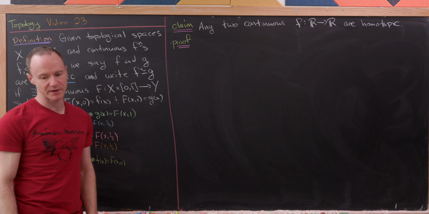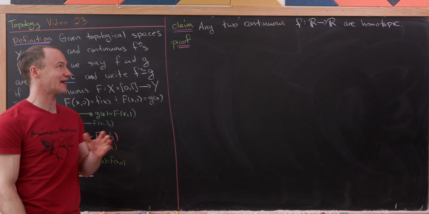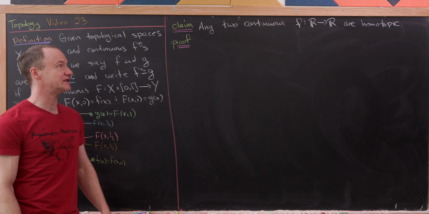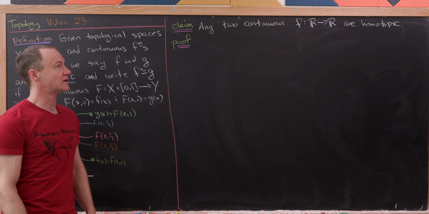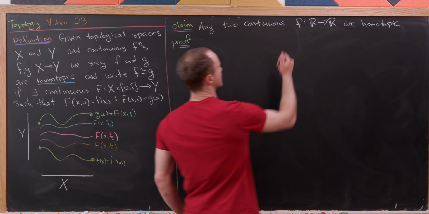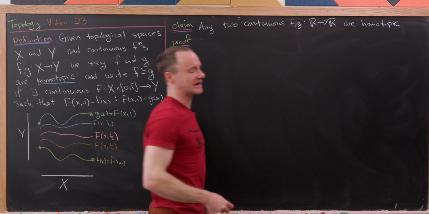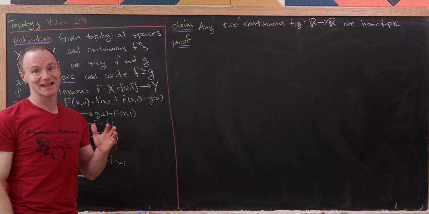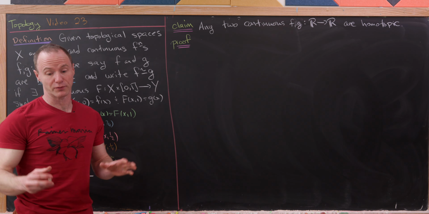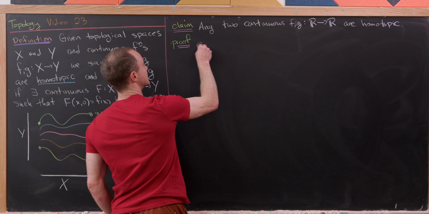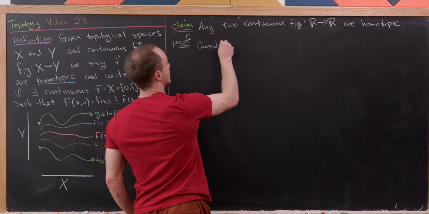Okay, so let's jump into our first result, and that says that any two continuous functions from R to R are homotopic. Let's say they are f and g. The proof is almost immediate. We consider the following map.